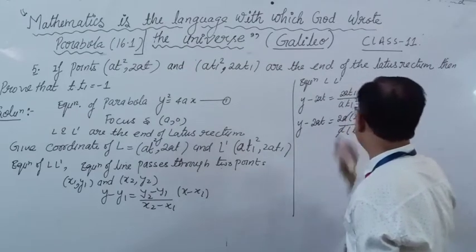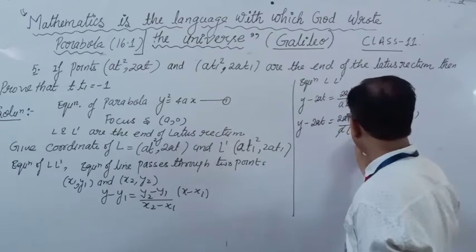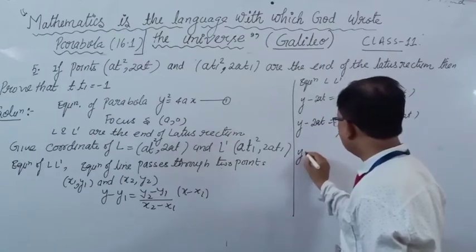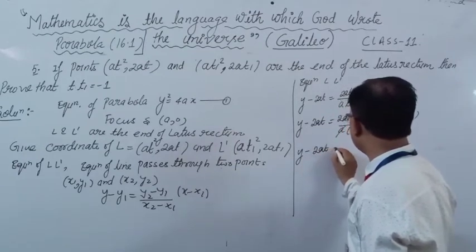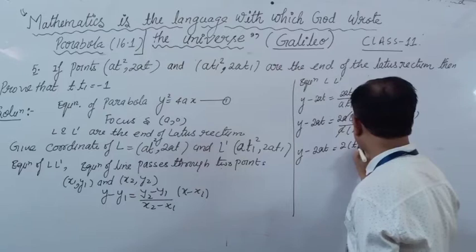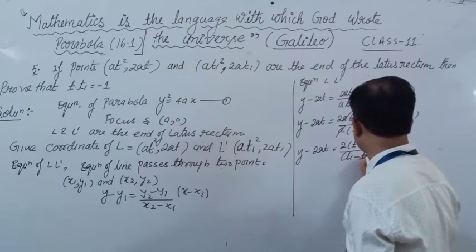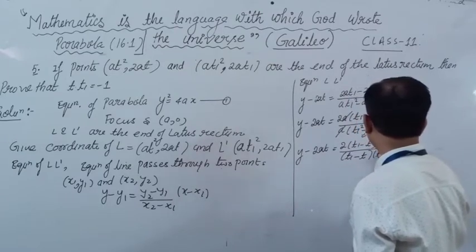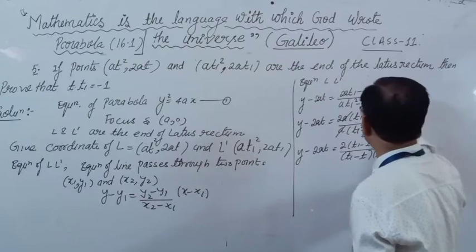This is cancelled. Here we apply the formula a square minus b square. So y minus 2at is equal to 2 times t1 minus t, this is t1 minus t and t1 plus t, x minus at square.